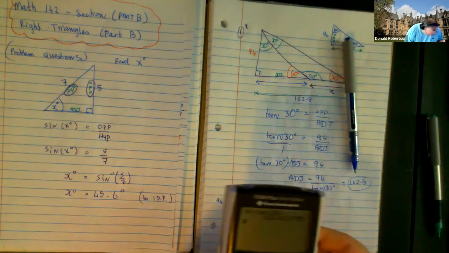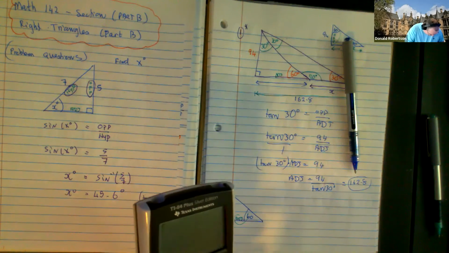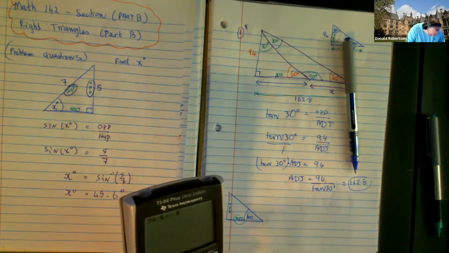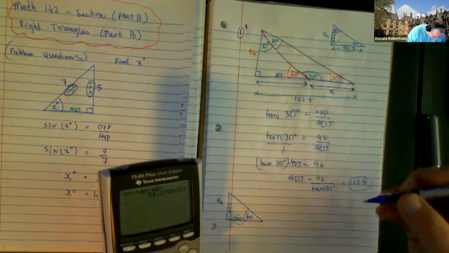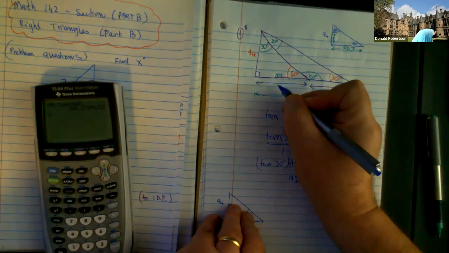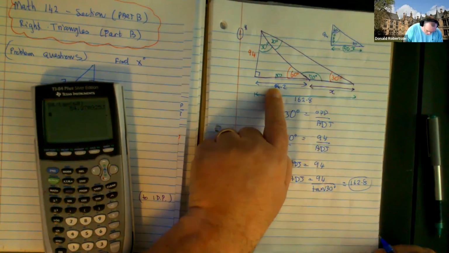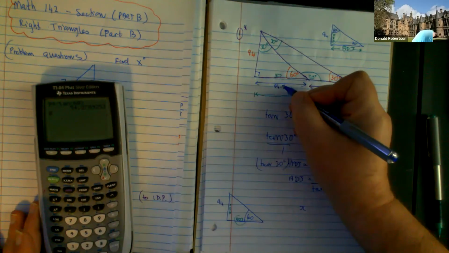And since I don't have a lot of time, imagine me doing all of this work, and the answer is going to be 94 divided by the tangent of 60. And I get 54.2. Okay. Wouldn't that be X, 54.3? Yep, it will be.